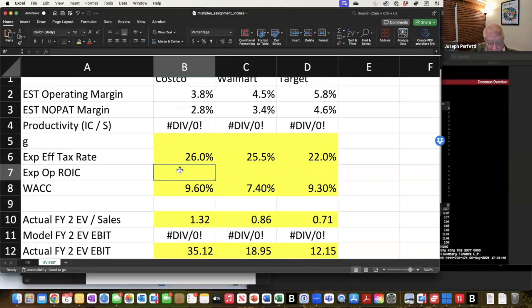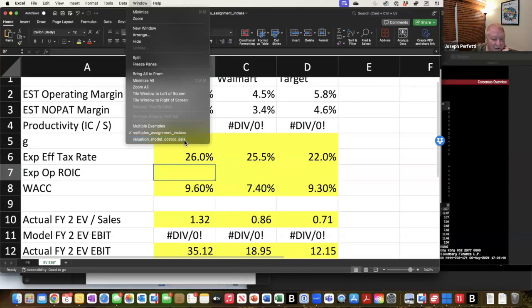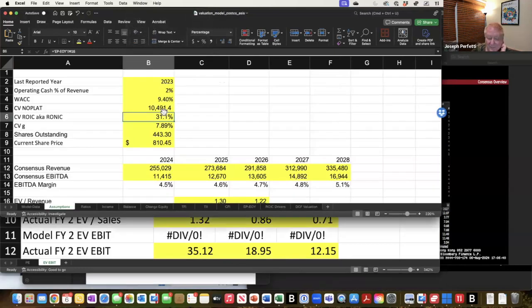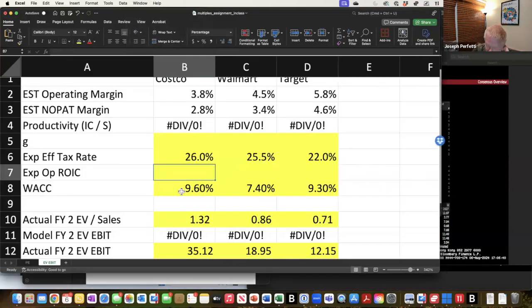So ideally, if you did a DCF as is, your perpetuity ROIC you've essentially estimated. And in our modeling for the homework assignment we just did for Costco, 31%. That would be the perpetuity ROIC.